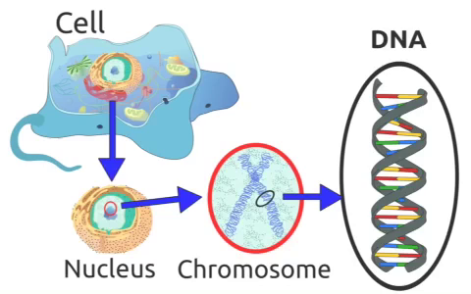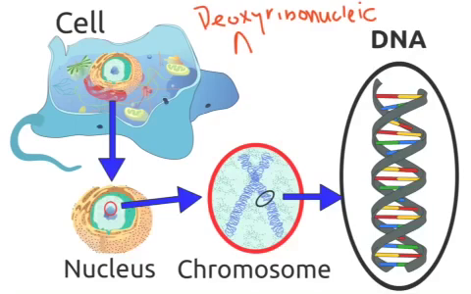So let's look at where we got deoxyribonucleic acid, because remember, that's what DNA stands for. Deoxyribonucleic acid. The deoxyribo portion comes from the deoxyribose sugar that makes up this backbone.